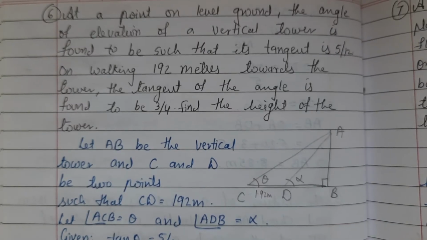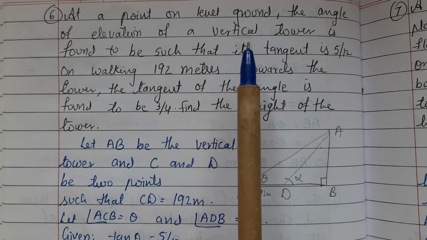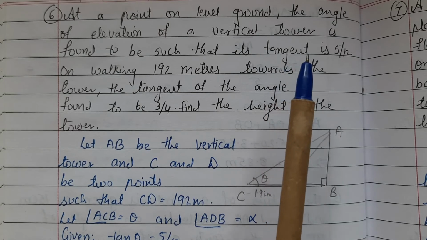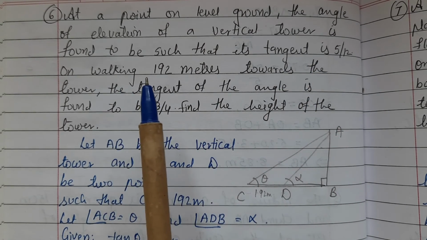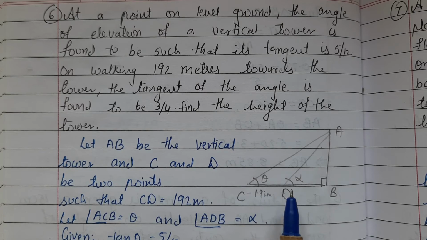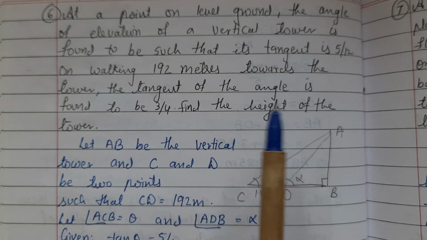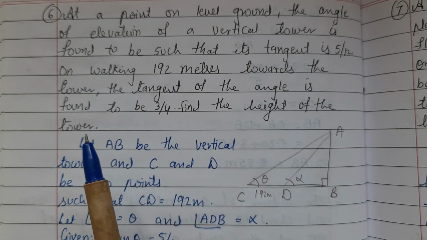Sum number 6. At a point on level ground, the angle of elevation of a vertical tower is found to be such that the tangent is 5 upon 12. On walking 192 meters towards the tower, the tangent of the angle is found to be 3 upon 4. Find the height of the tower.